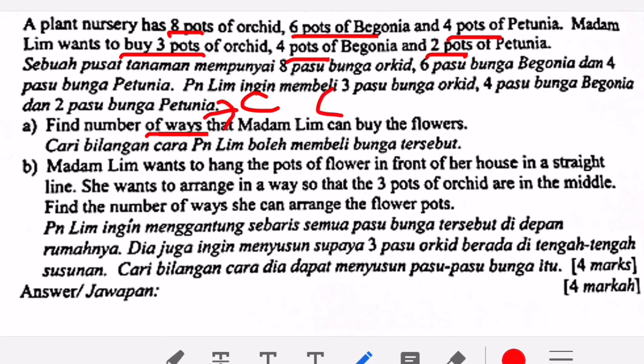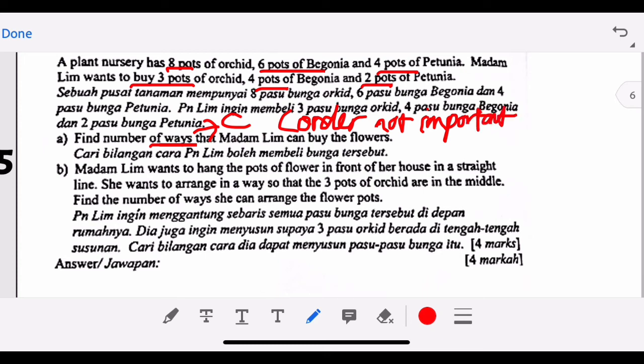Let's find the number of ways Madam Lim can buy the flowers. The order is not important, so this is a combination question, right? So now we will use the C formula.